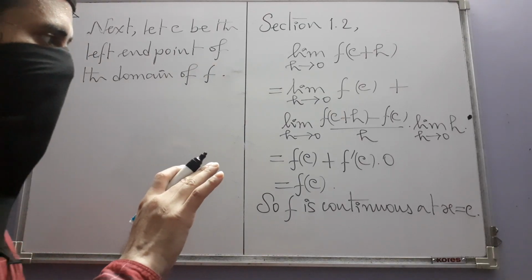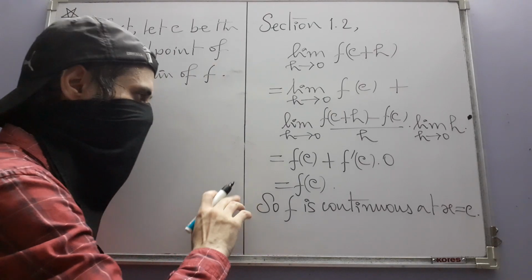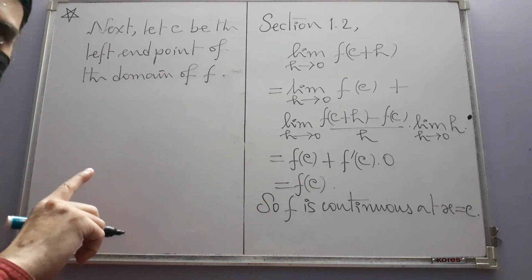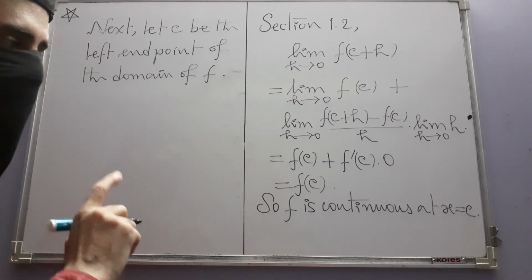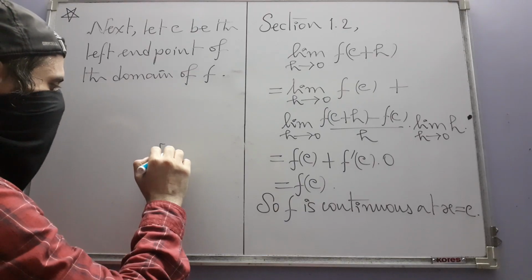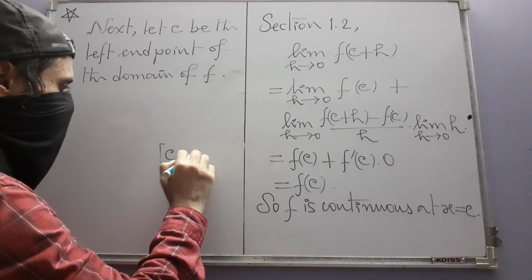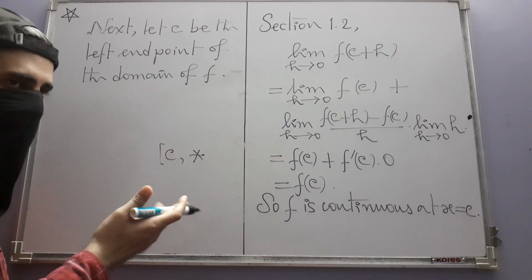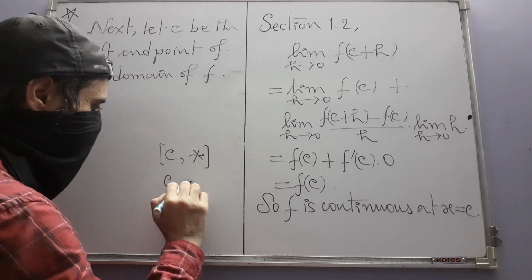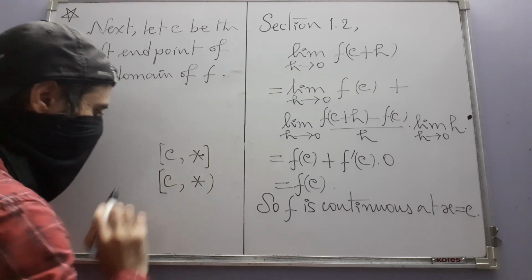Note that since we already are given that f is differentiable at c, when we say that c is a left endpoint, this means that the domain of f looks like this, and on this side the right endpoint can be something which may or may not belong to the domain.